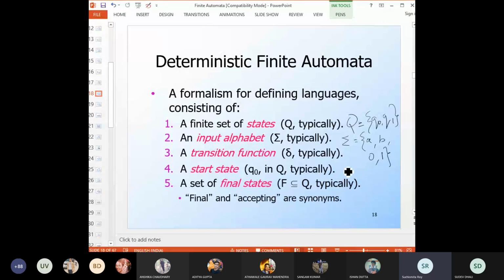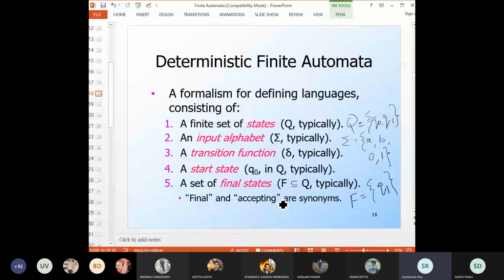Then the start state is typically called Q0 because that is a convention which is followed, but you can of course give any name which you like. It's up to you what name you put to the start state, and the set of final states will be some subset of the set of states. Maybe say Q1 is the final state. So we would say F is the set {Q1}. Note that F has to be a set, which is a subset of Q. All the states could also be accepting states. That is also possible.